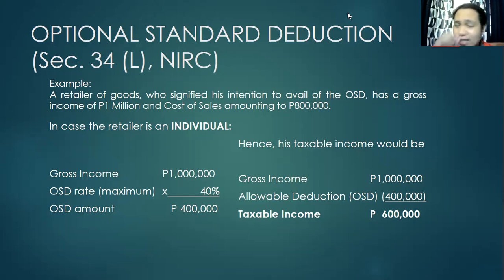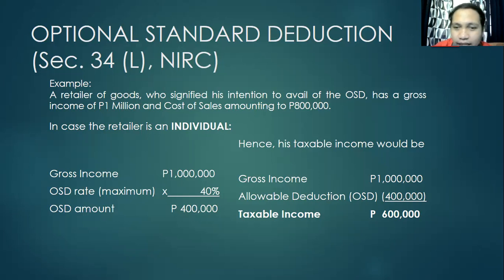So if that retailer is an individual taxpayer, let's have a computation. So dito sa left, we have a gross income of 1 million and ang OSD rate, let's say 40%, maximum na yan 40%. Now, kapag minultiply mo yan sa 1 million, ang deductible optional standard deduction mo is 400,000 pesos.